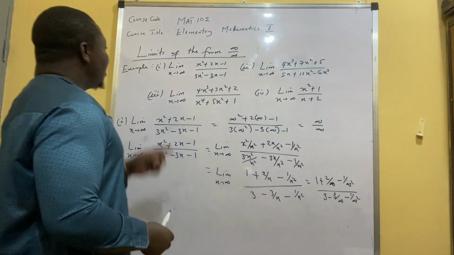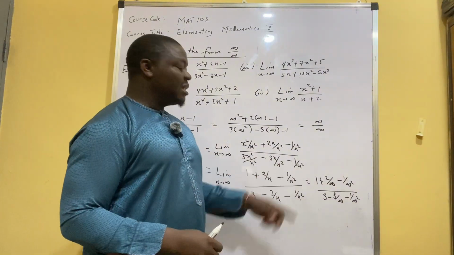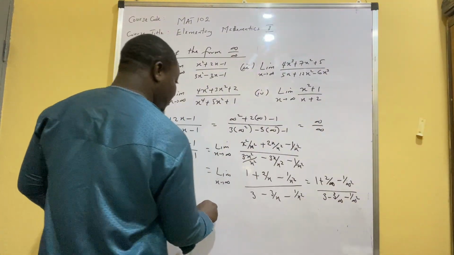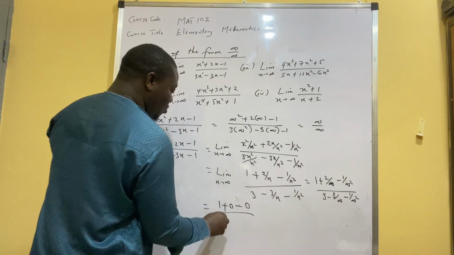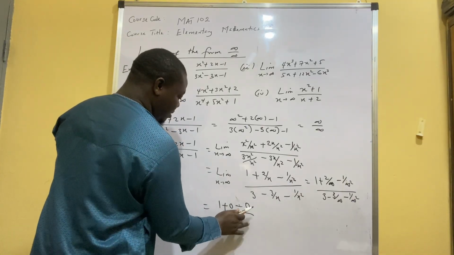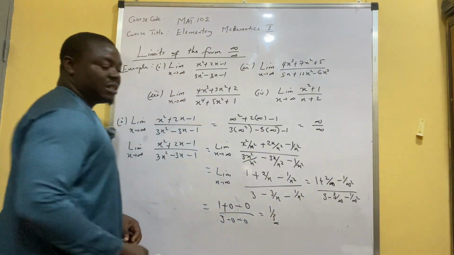Recall the notes we wrote earlier that a constant divided by infinity gives 0. So this simplifies to 1 plus 0 minus 0 over 3 minus 0 minus 0, which is 1 over 3. That implies that the limit is 1 over 3.